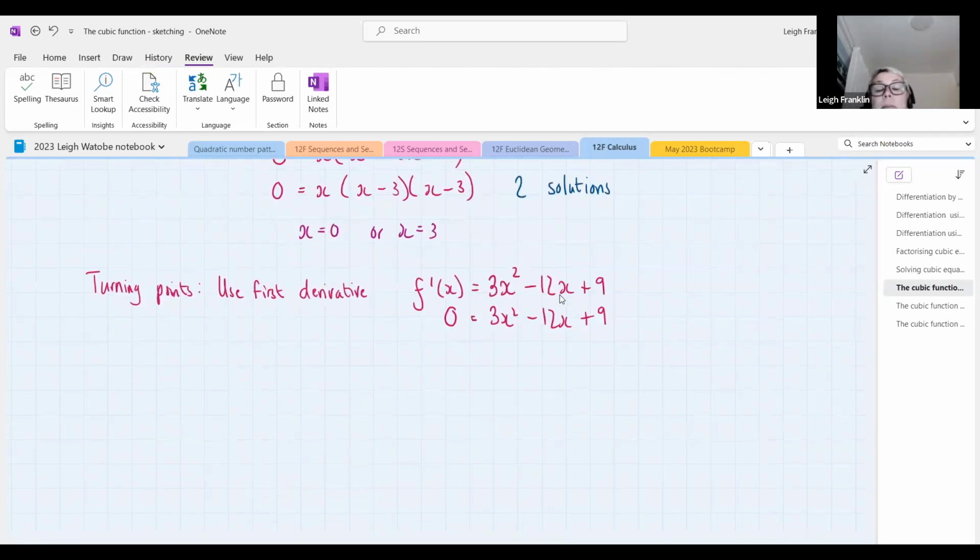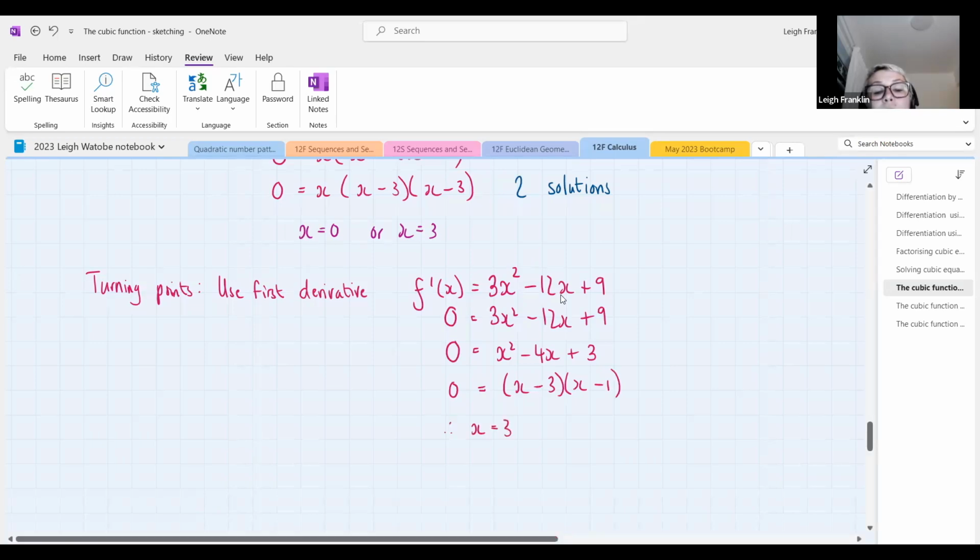Because each of these numbers is a multiple of 3, I can divide through by 3. That would give me x squared minus 4x plus 3. And that should factorize nicely. Okay, so x minus 3 times x minus 1. So either x would be equal to 3 or x is equal to 1.